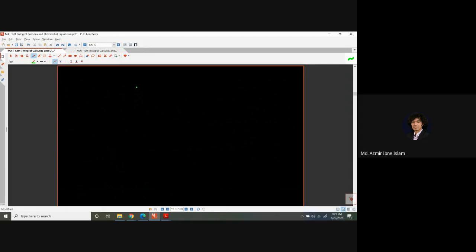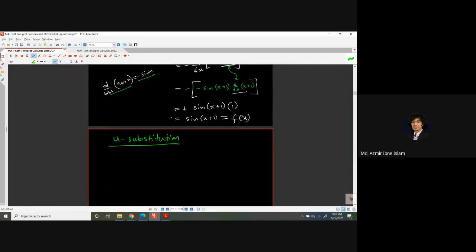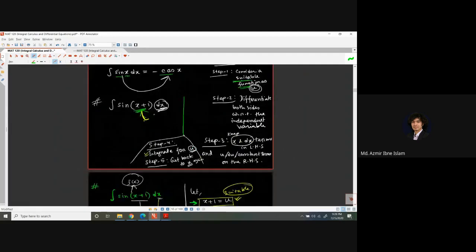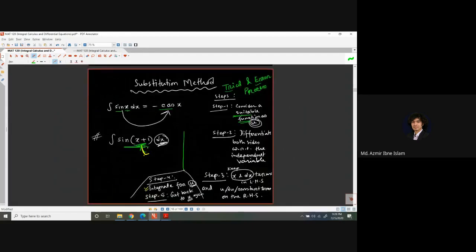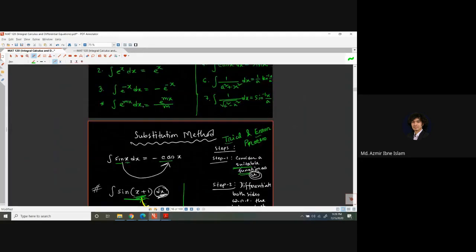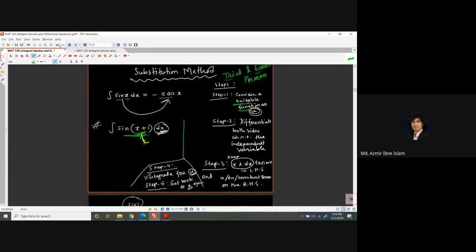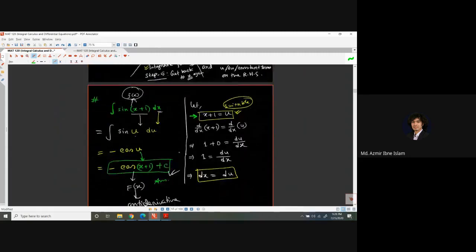Okay, we are discussing the u-substitution method. I hope you have already understood why we are using the u-substitution method, because things will be critical if we have a complicated function and it does not work directly with the formulas. So let's take some examples from our reference book.